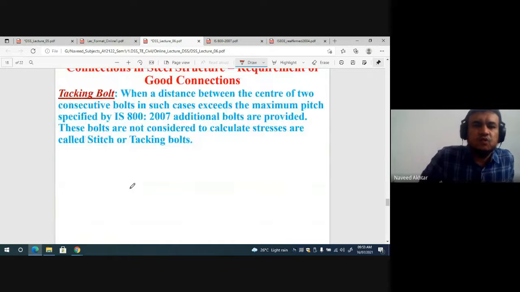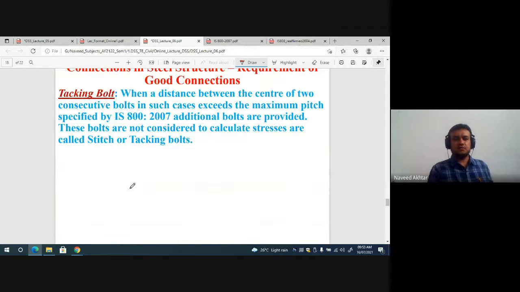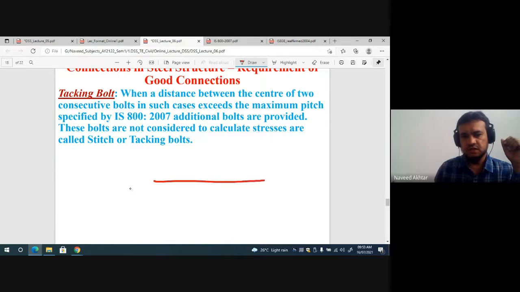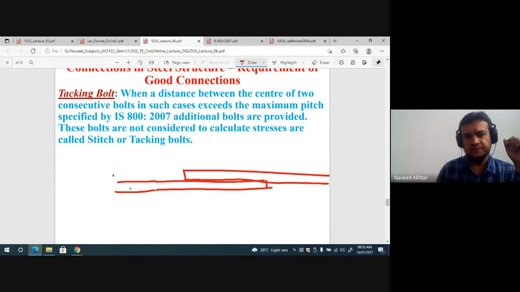Now, tacking bolt: when the distance between the centers of two consecutive bolts exceeds the maximum distance. What is a tacking bolt? There is a limit in the tension member and the compression member: the bolt pitch should not be more than 200 mm.